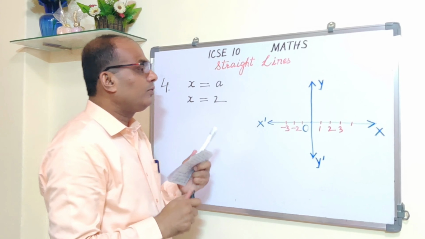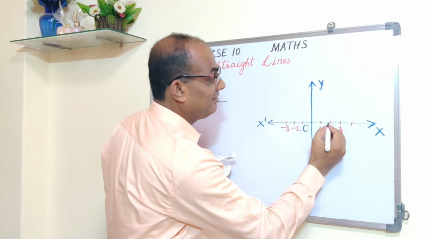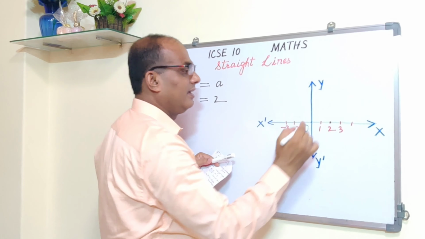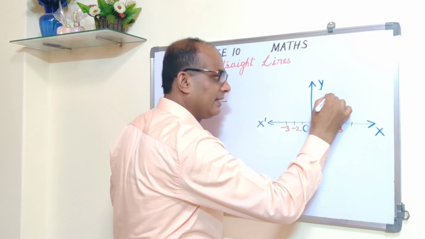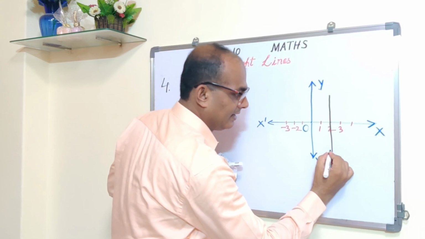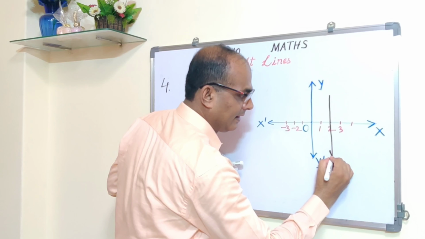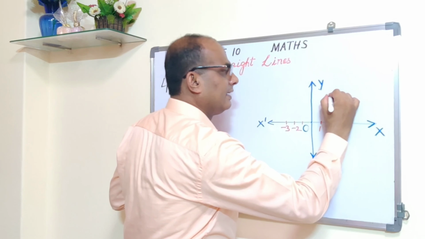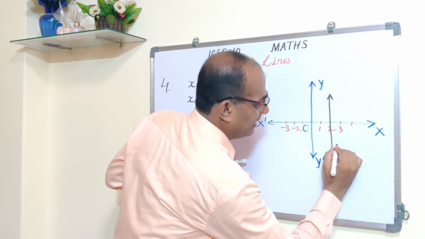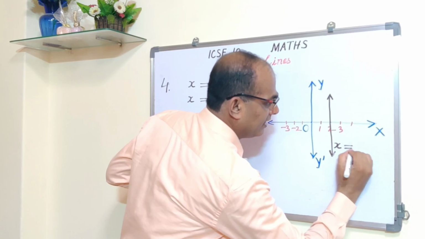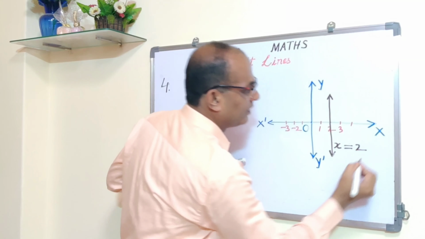Now x is equal to 2 is the line which passes through this point and which is parallel to the y-axis. So this is our line. This line is x is equal to 2.